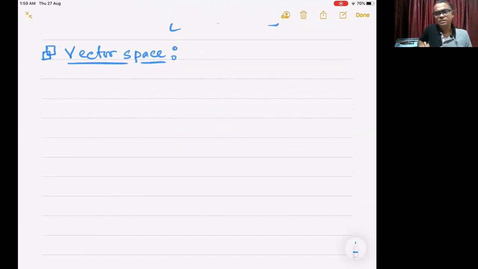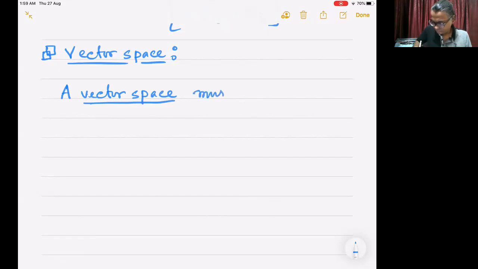So a vector space must have two objects. A vector space must have the following properties.